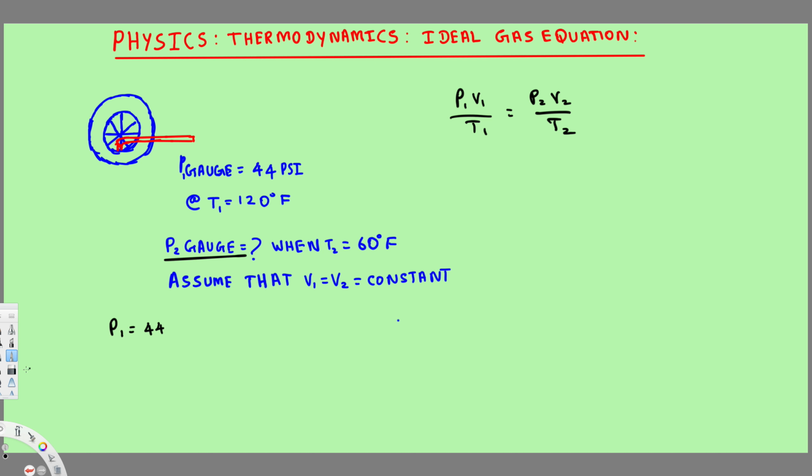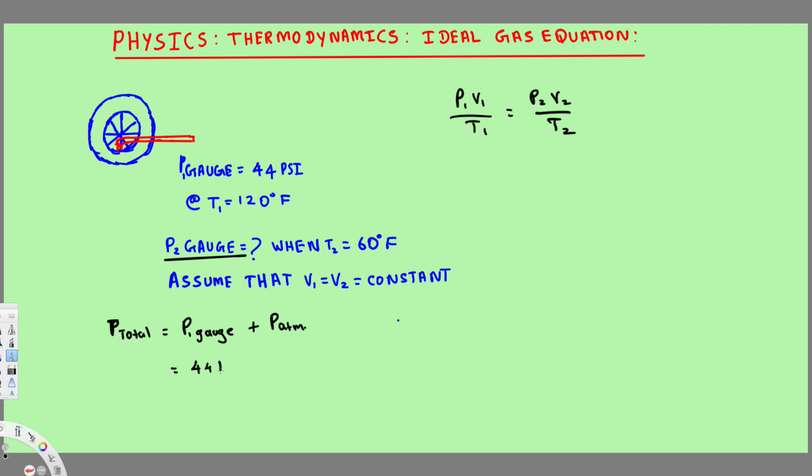So let's rewrite it in a different way. P total, that's what we are going to calculate, is equal to P gauge, in this case P1 gauge, plus ATM, atmospheric pressure. So let's write here P ATM. P gauge is 44 psi, right?